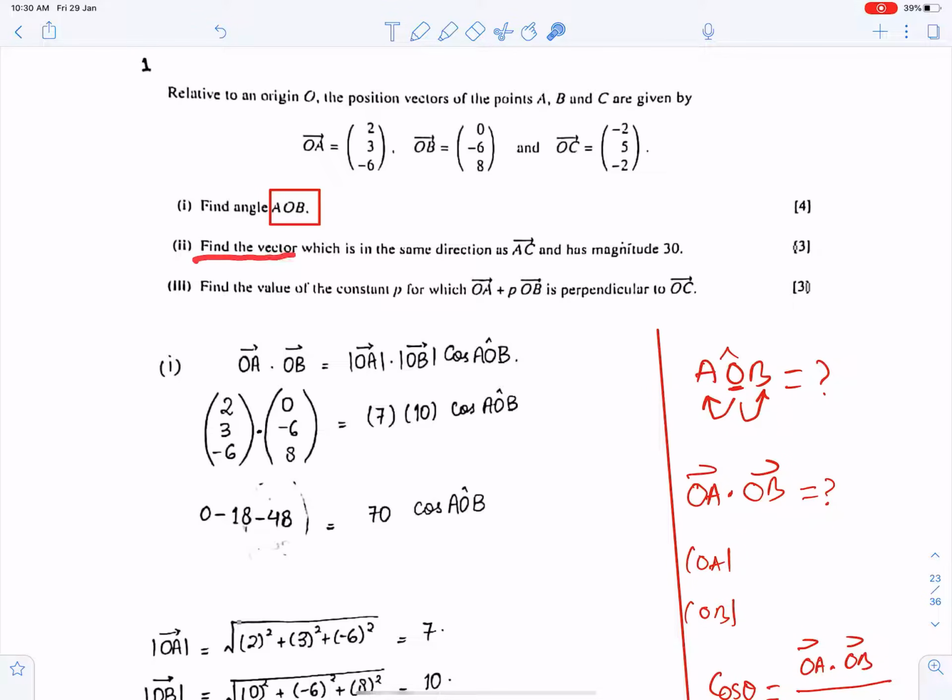Find the vector. Now let's suppose that vector be d, small d. Find the vector d, which is in the same direction as AC and has magnitude 30. This is the magnitude of vector d.